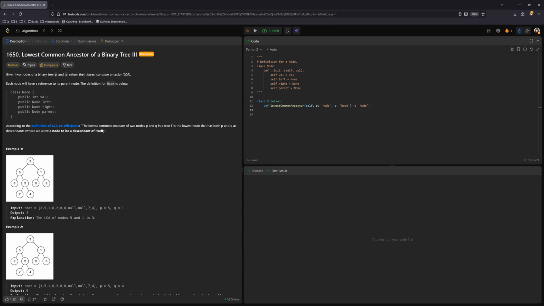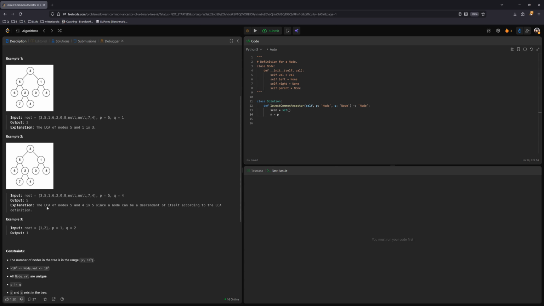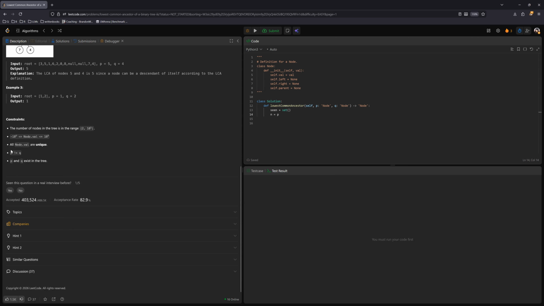root. So we're going to say seen equals set, and I'm assuming that this is hashable. I assume. Okay, and we're going to say n equals p, right? Okay, there is a rule that says p does not equal q. Okay, cool. So n equals p.